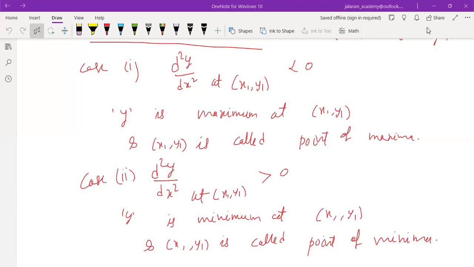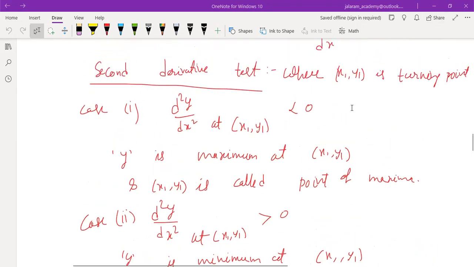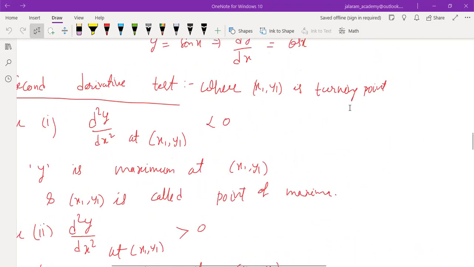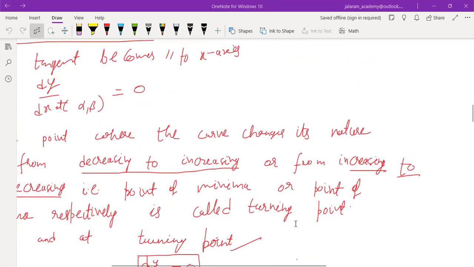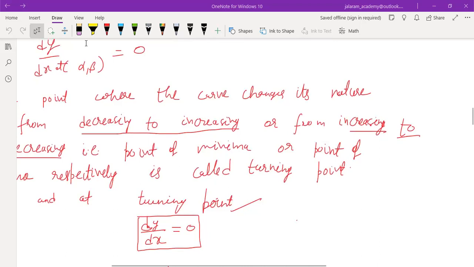Now remember, this turning point is also called the point of inflection, meaning where the curve changes either from decreasing to increasing or from increasing to decreasing, which we have discussed: when dy by dx becomes 0 it is the turning point, or is also called what?